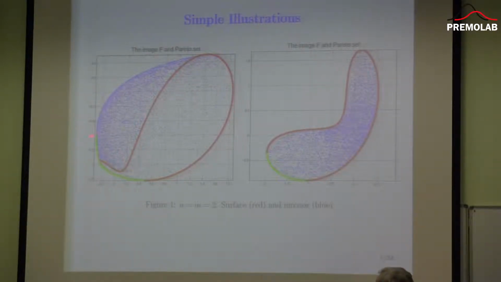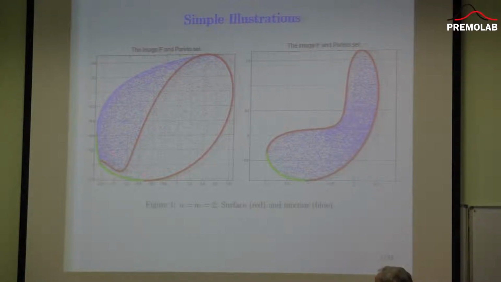Well, in this case it's convex, in this case it's non-convex. The blue points are just points inside the circle, and their images.